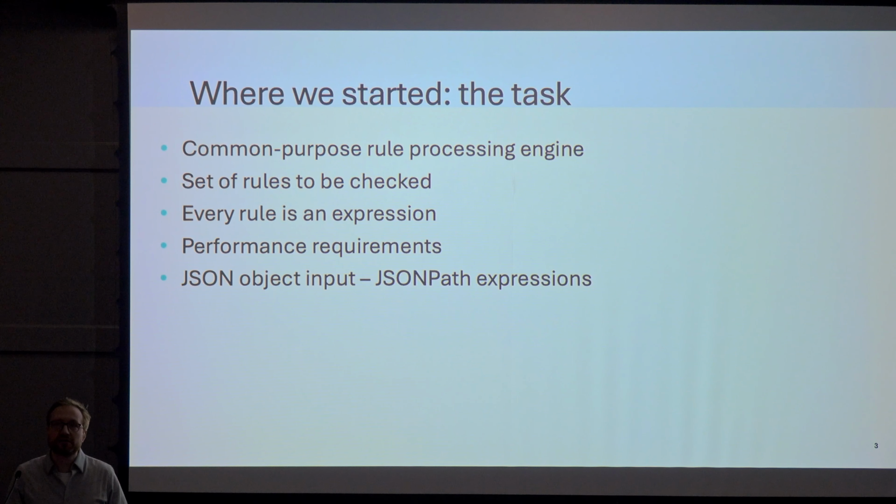So let's look at the task we had at hand. What we wanted to do is to create a rules engine for our enterprise context, right? The exact task: we had a list of JSON objects.